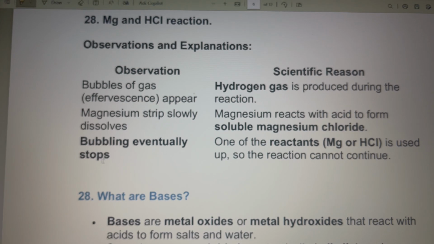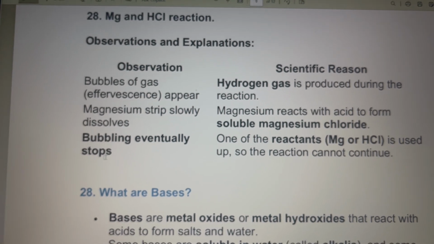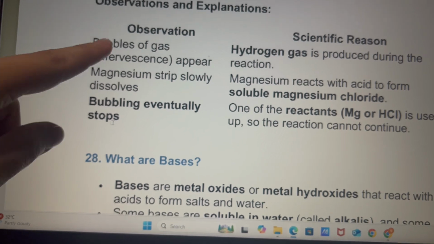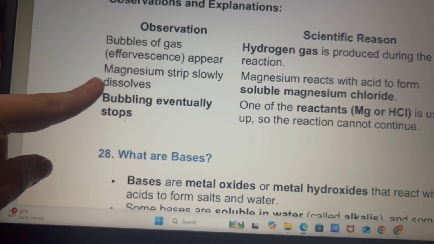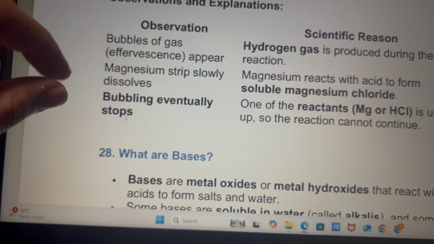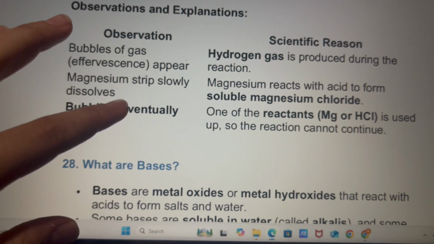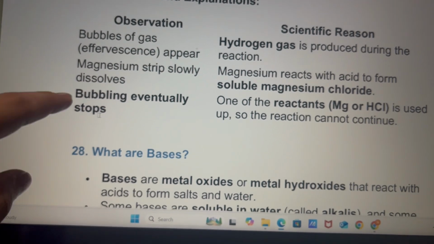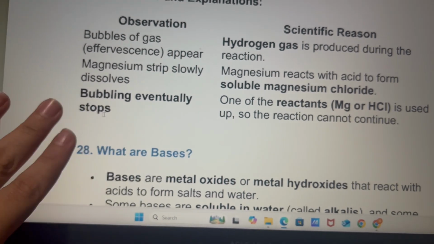When you add the magnesium ribbon in the HCl, you start seeing bubbles of gas being formed, and the magnesium is dissolving slowly, and then after a few seconds you will find that the bubbling eventually stops.